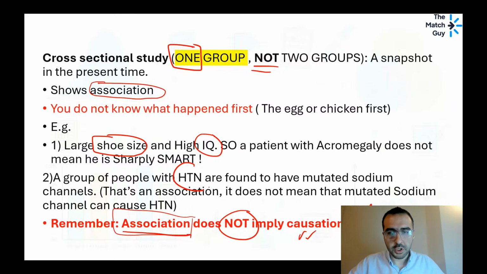And there are many, many examples here. For example, hypertension. These people found that maybe they have a mutated sodium channel, for example. So we have some interesting association between hypertension and mutated sodium channel, but you don't know if the mutated sodium channel causes hypertension or not. That's why you have to do different studies, and we have to have two groups, one control group and the main group, and compare between them.